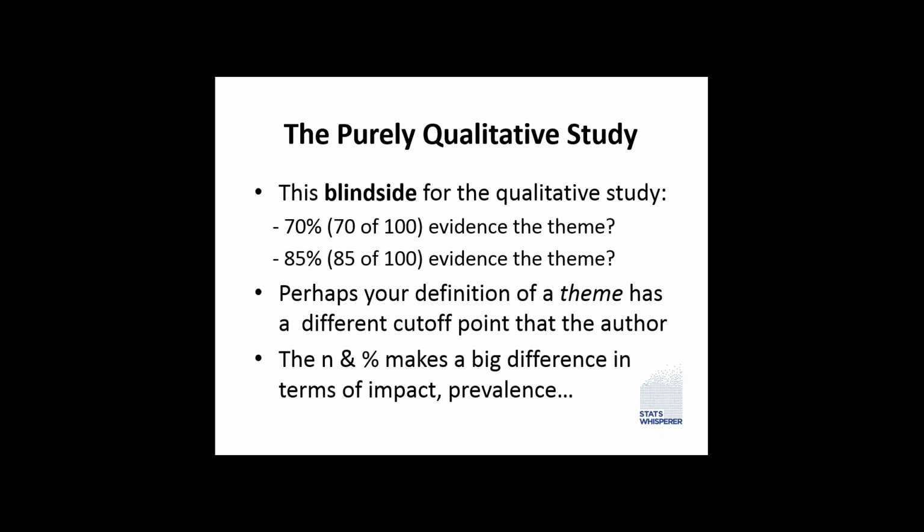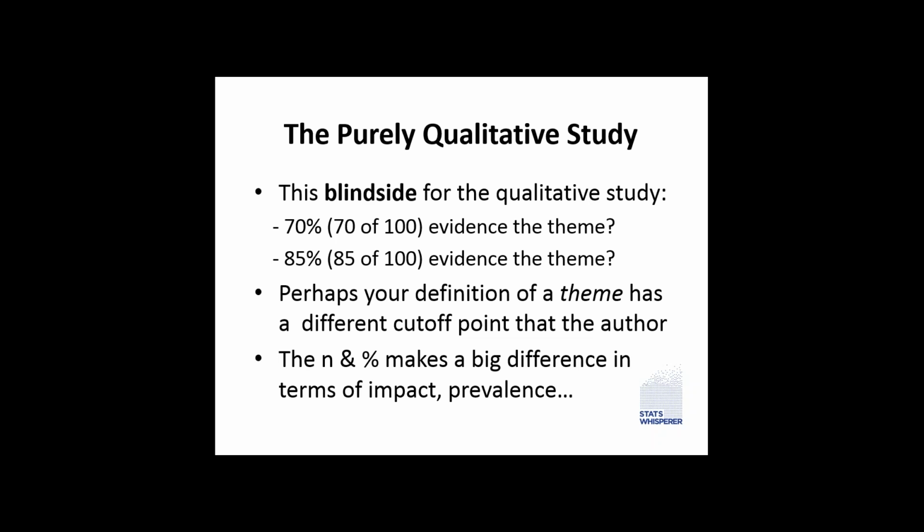So they're telling you it's a theme, but you can't decide if it's really a theme unless you know that number and percentage. And also, the number and percentage makes a big difference in terms of impact and prevalence, right? So if it's a theme at 70% and 70 people say it, that's fine. But if 98 people out of 100 say they have the same worry, that's a big difference in terms of prevalence and impact.